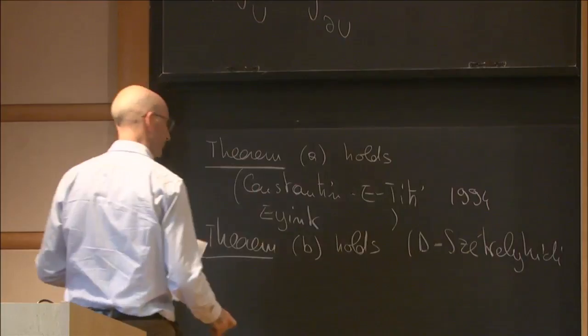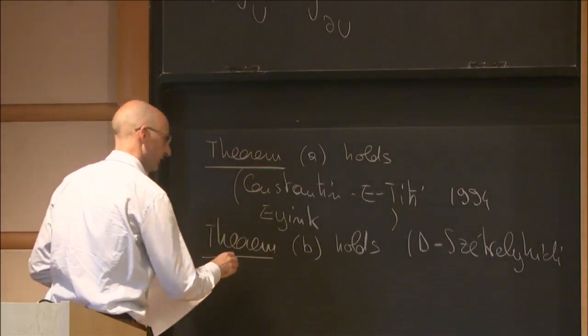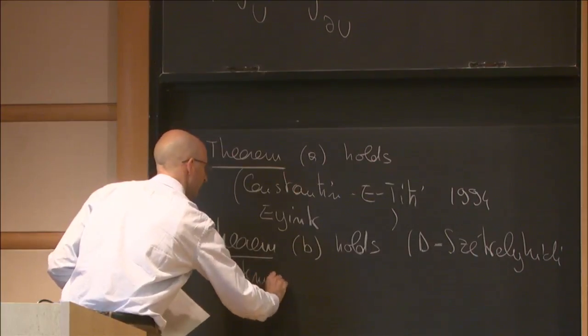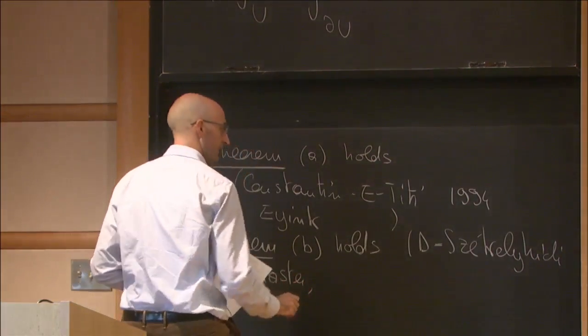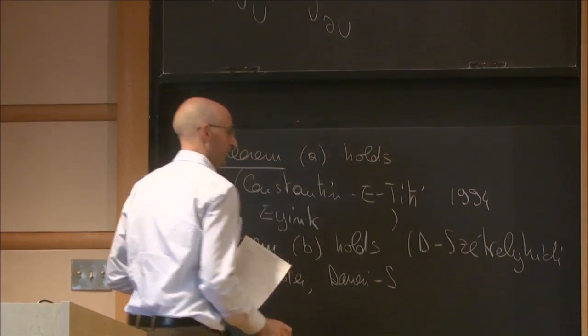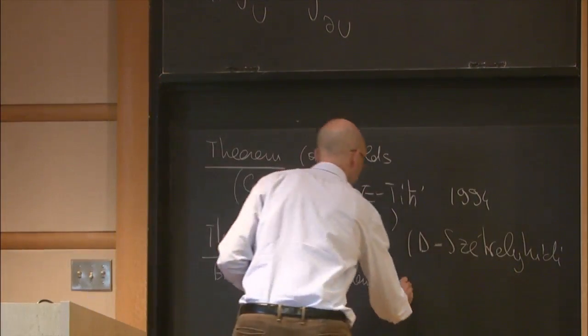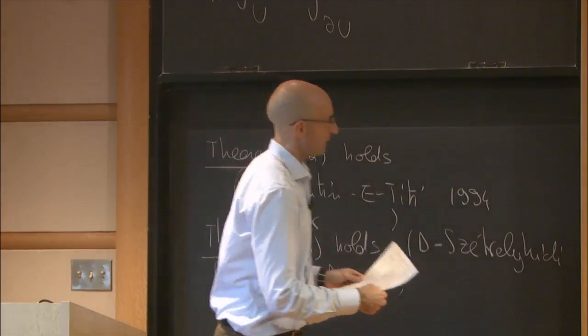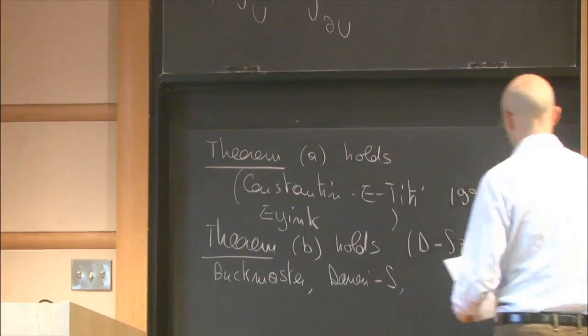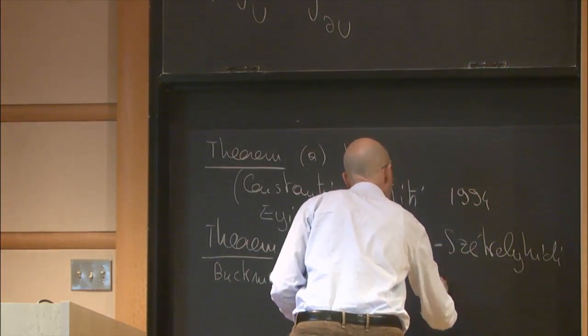And then there were very important contributions by several people, Buckmaster, Daneri, and Szekelyhidi. And then a paper which was fundamental and finally reached this threshold exponent 1/3, which is by Phil Isett.